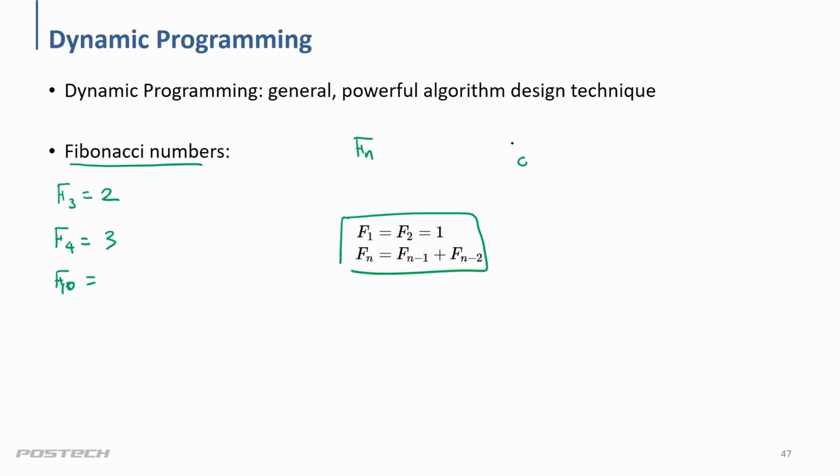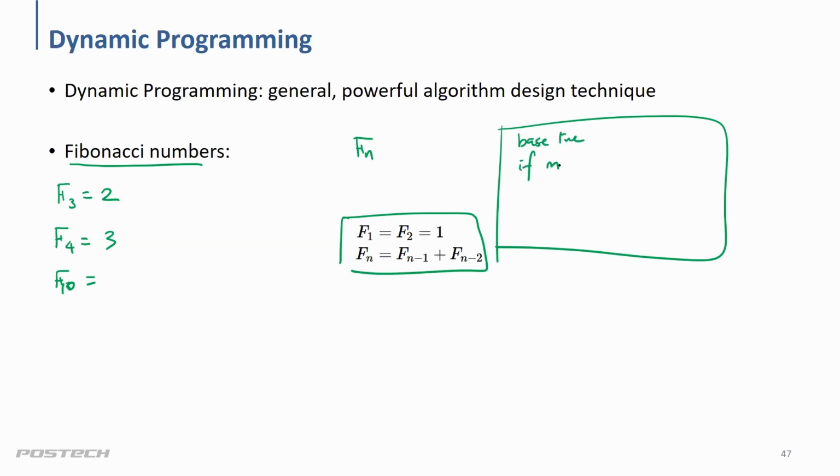First the baseline: if n equals 1 or 2, then we return 1, and break.